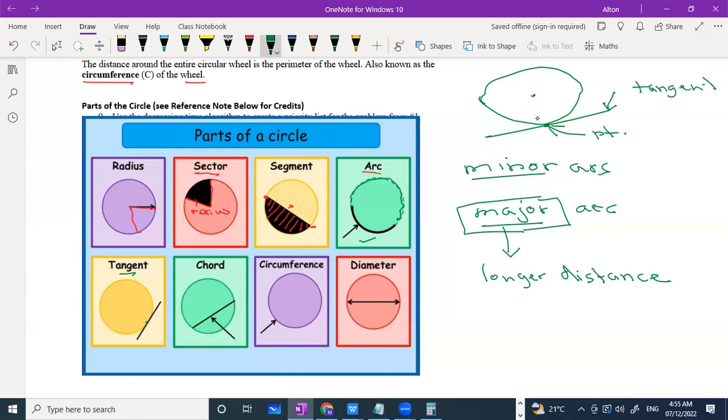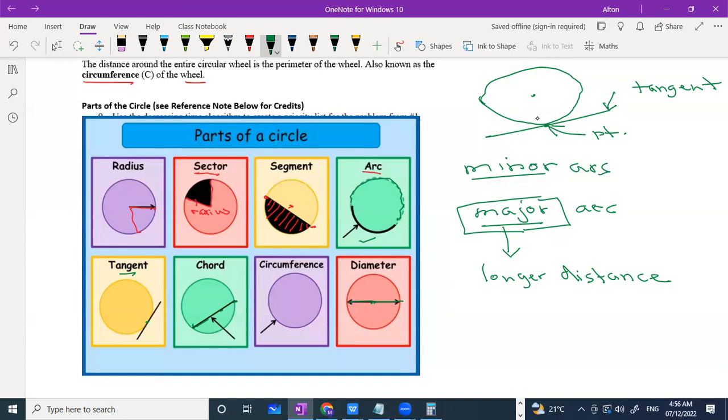What's another part of the circle? Well, we saw the segment just now, and the line touching 2 points on the circumference. That line is called the chord. Notice a diameter is a special type of chord, but the diameter passes through the center of the circle.